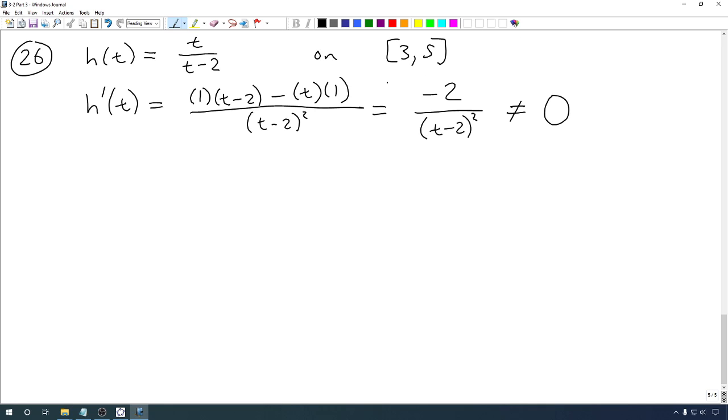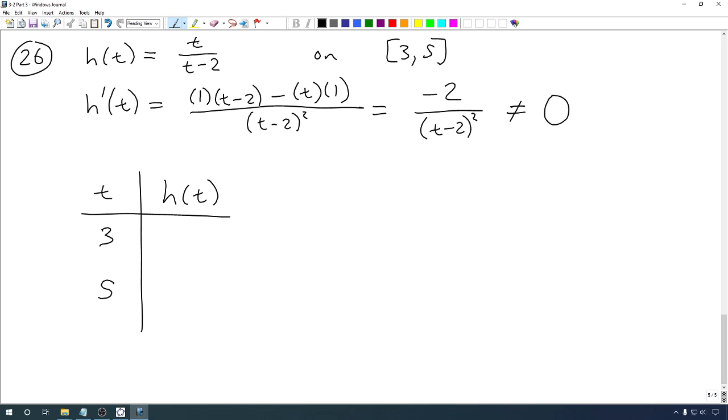All we have are the two endpoints. And we'll go ahead and make a chart using those two endpoints. I mean, technically, we're just evaluating the function at the two endpoints and seeing which one's bigger. But I like the chart just to keep things organized.